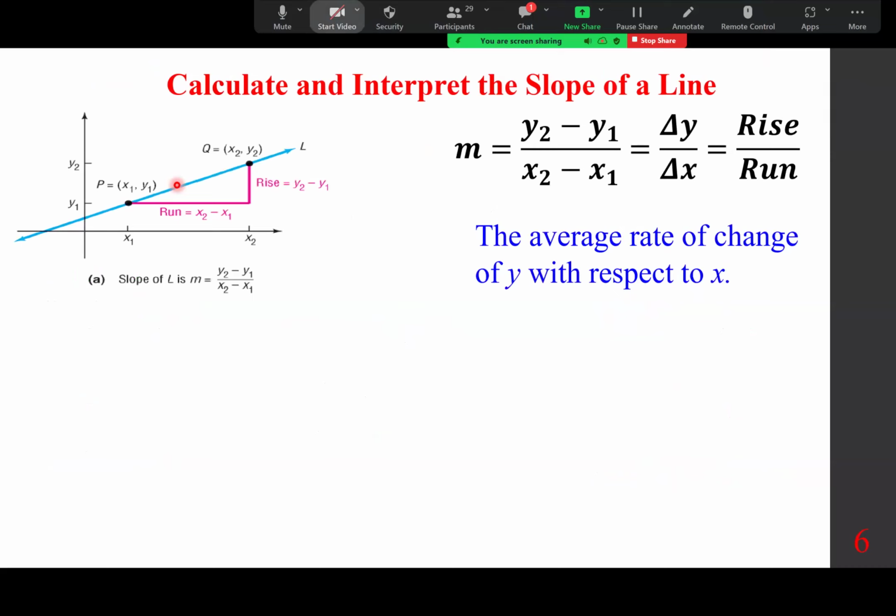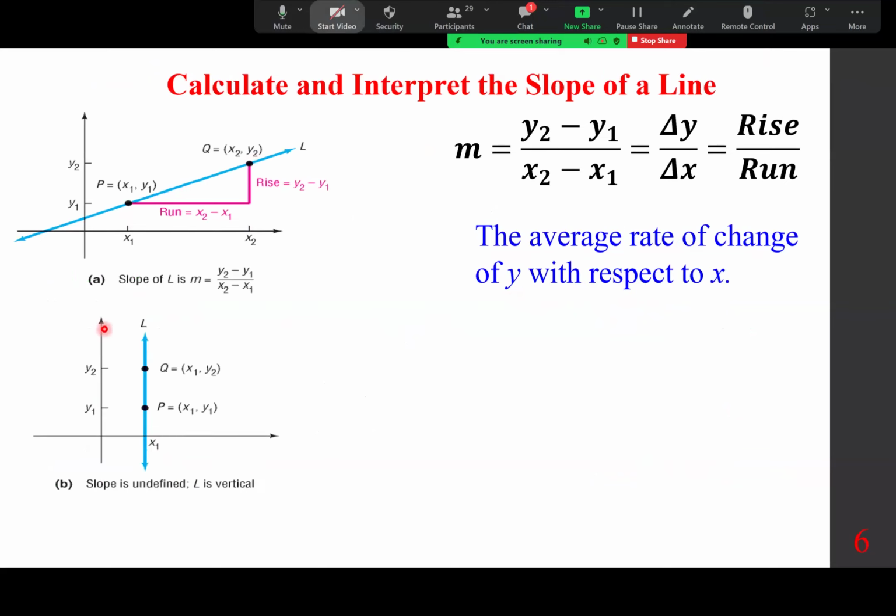All right. Calculate and interpret the slope of a line, rise over run. It is called the average rate of change of y with respect to x. By definition, slope represents the average rate of change of y with respect to x.